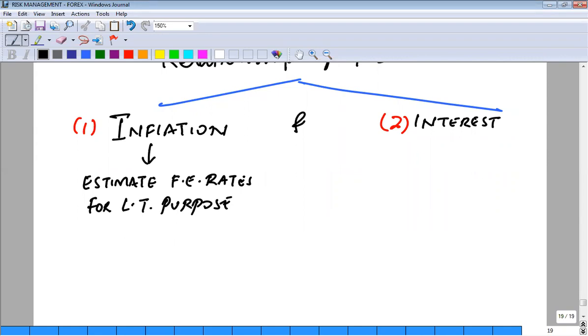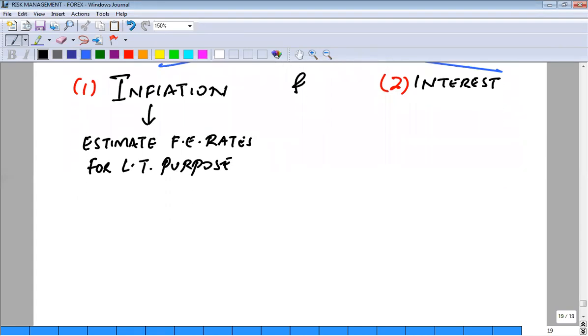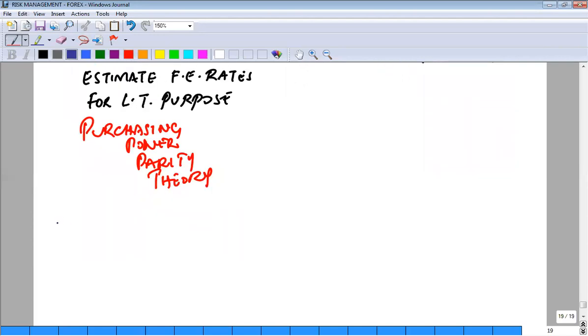For example, the relationship required between the Australian and English currency for years 1, 2, 3, 4, 5. Then we will use the concept by the name purchasing power parity theory.